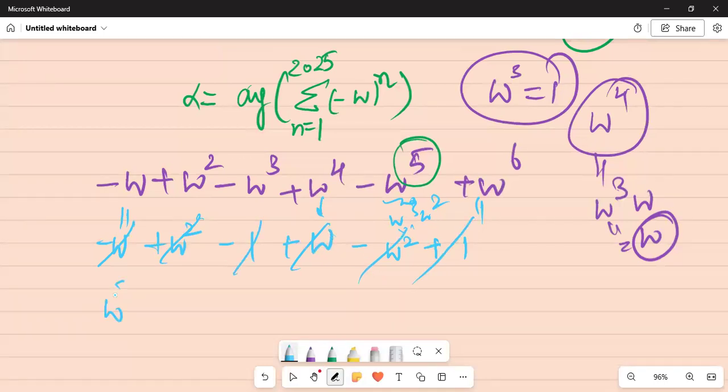Similarly, if you start with omega 7 plus omega raised to power 8, and then raised to power 9 plus omega raised to power 10 minus omega raised to power 11 plus omega raised to power 12. Similarly, odd, even, odd, even, odd, and even.